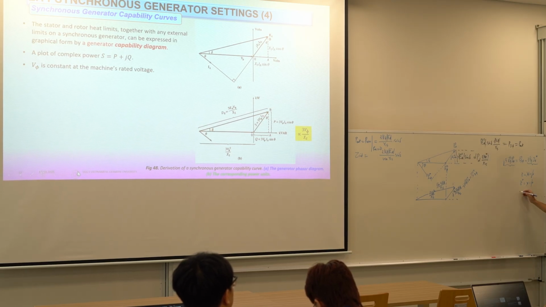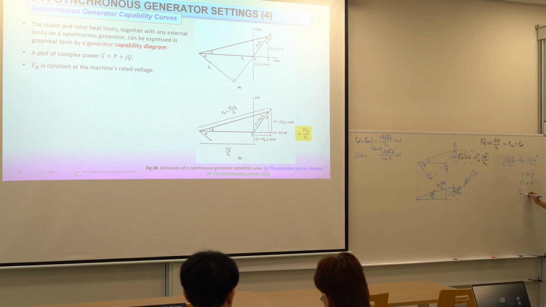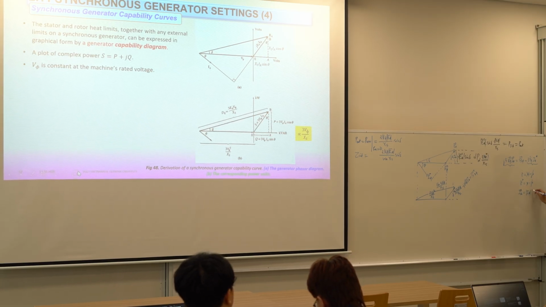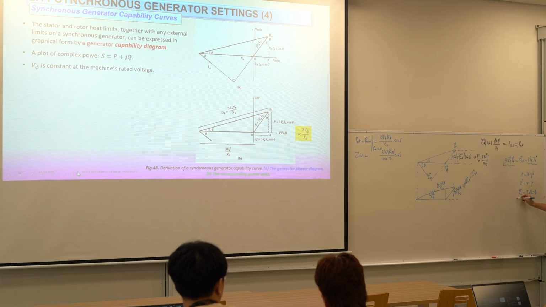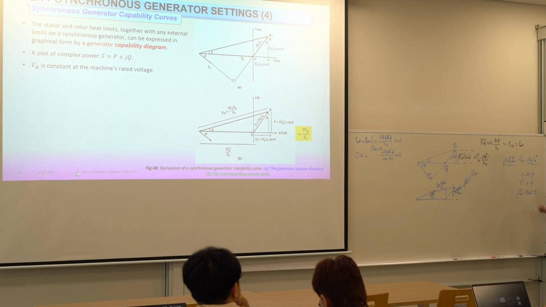For example, we have IA with the phase angle minus theta, right? Minus theta. So I can change here, that means plus 90 degrees, right?